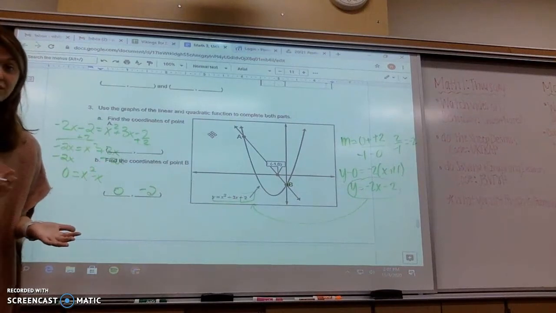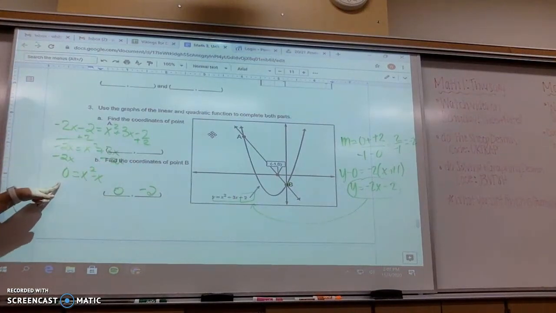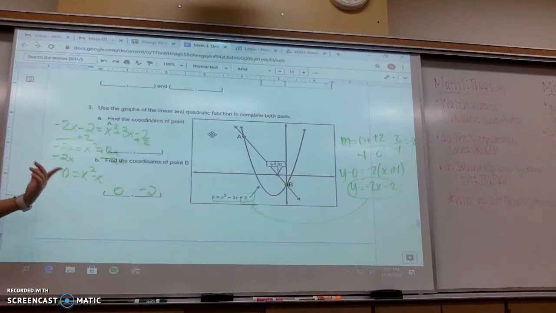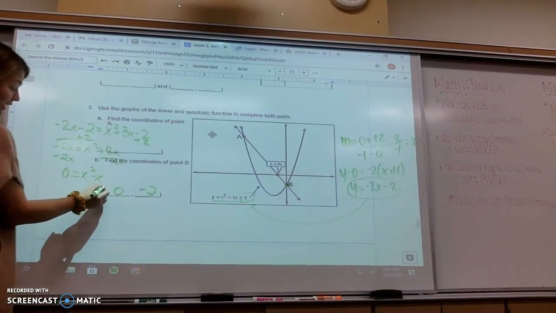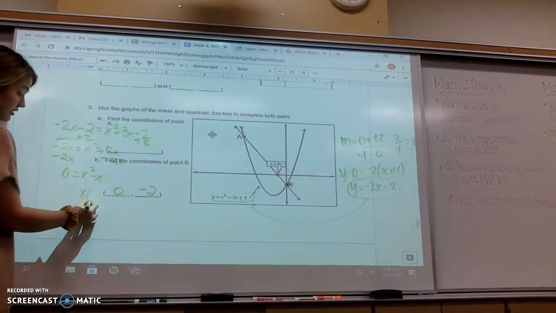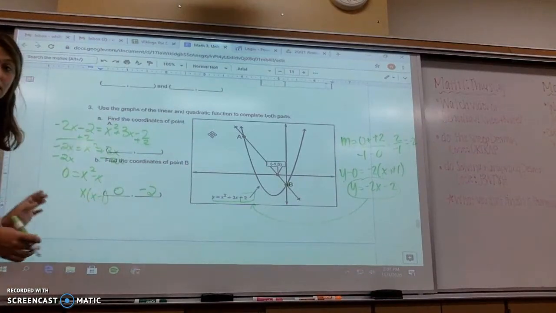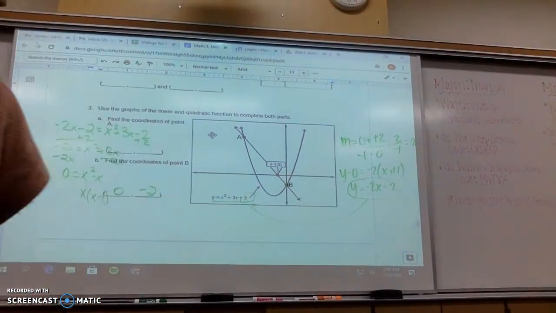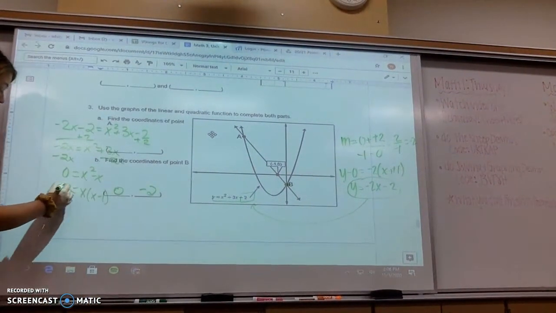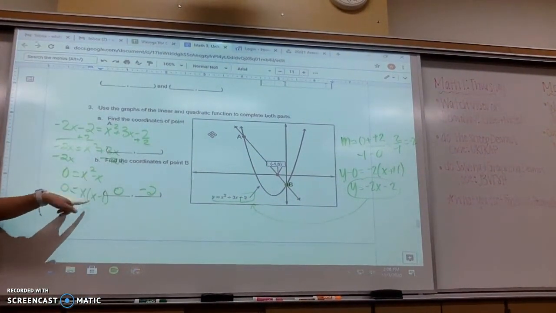Now I need to factor this, okay? When I have a 0 on this side and all x's on this side, that means to factor. So I can take an x out of both of those, and I get x times x minus 1 is equal to 0. You should know how to factor from this to this.